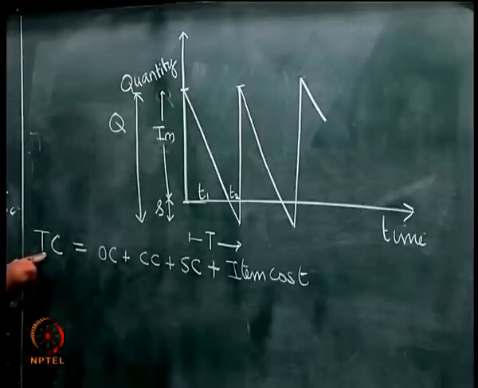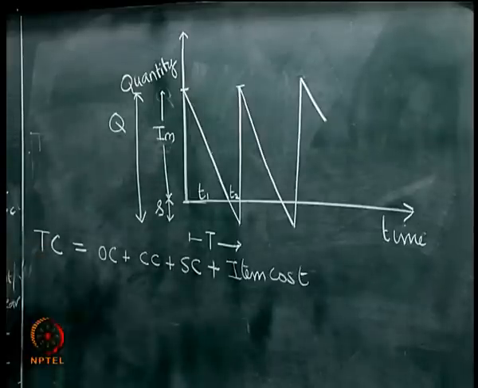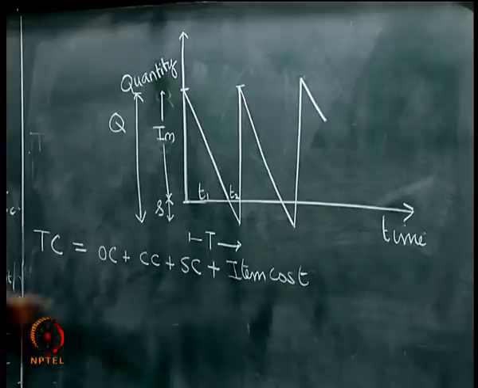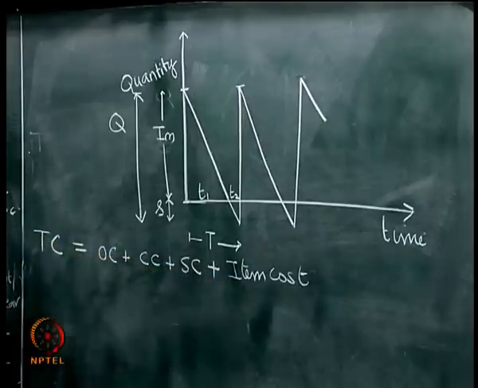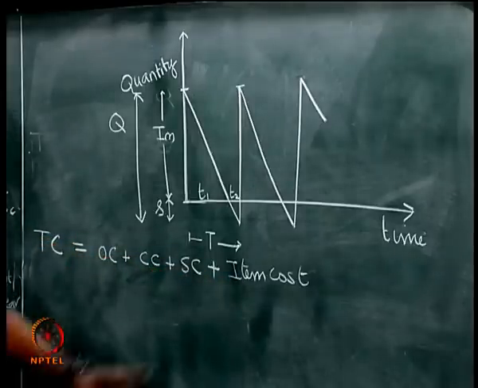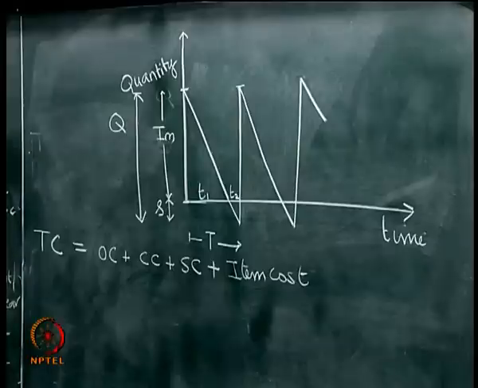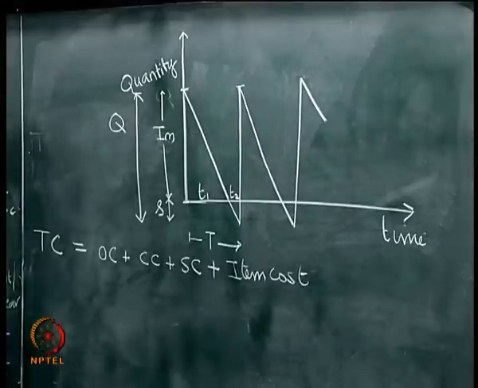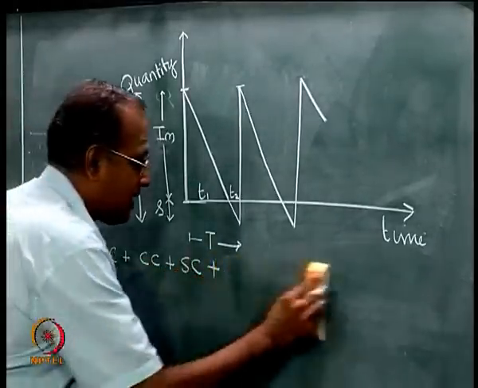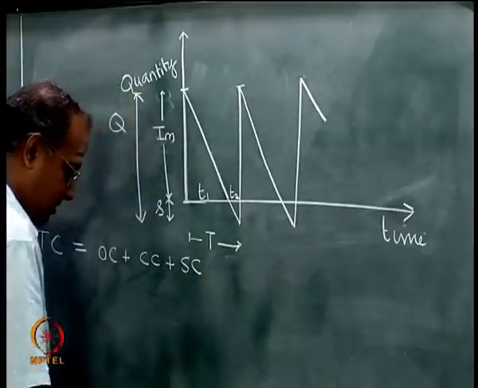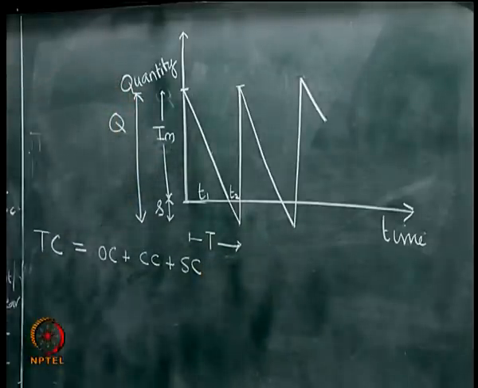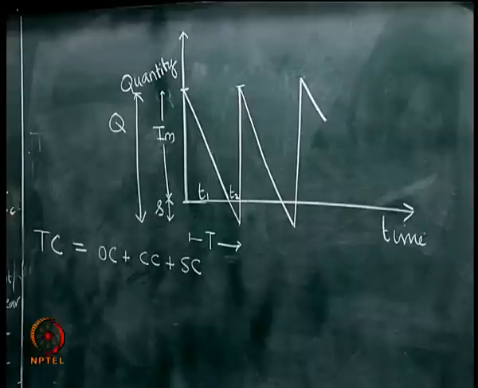Now if we are going to compute this total cost for a year, then the item cost is going to be D into C. So the item cost will not contain any of the variables Q, Im or S. So like we did in the earlier model, we leave out the item cost. We are going to have 3 costs in this model; we had 2 costs in the earlier model.